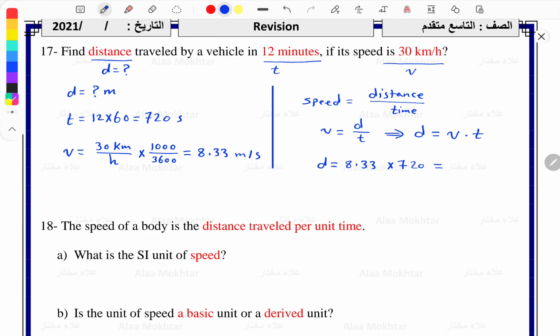The answer will be 6,000 meter. I can write it like that, 6 times 10 to the power 3 meter. We can write it like that, 6 kilometer. I change 10 to the power 3 by kilo.